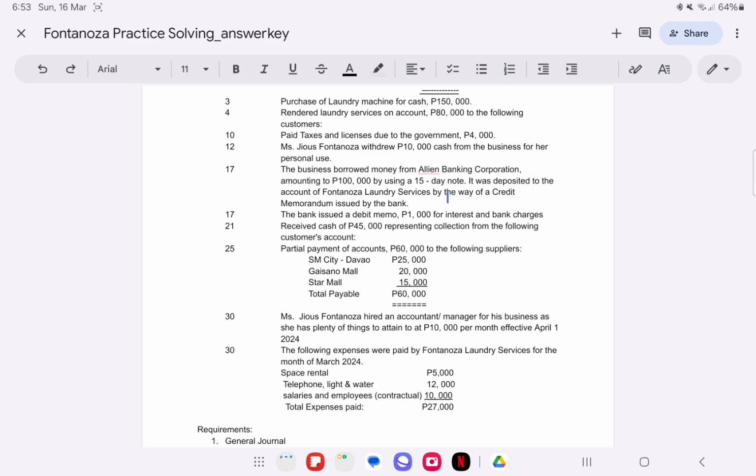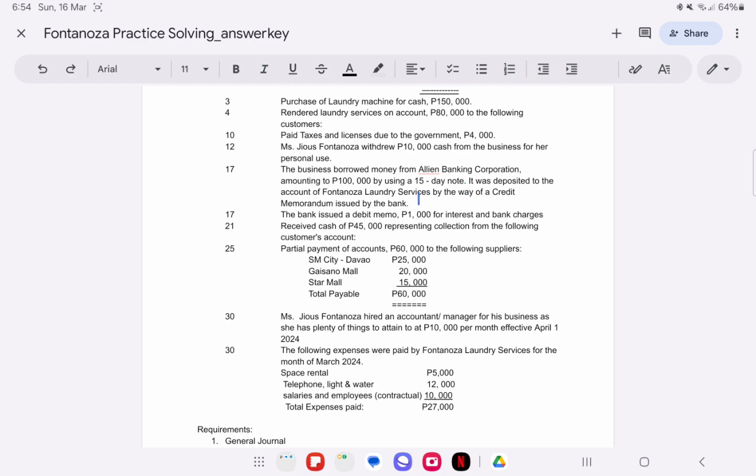But if that's a note, a written promise to pay, that's notes payable. So that's our value received under the liabilities.